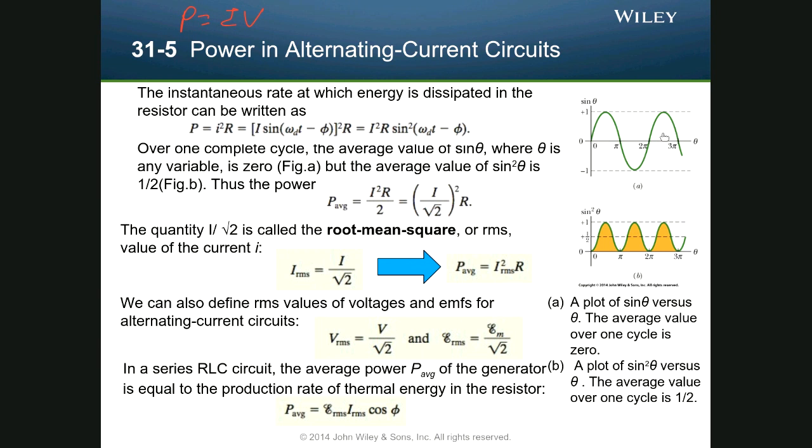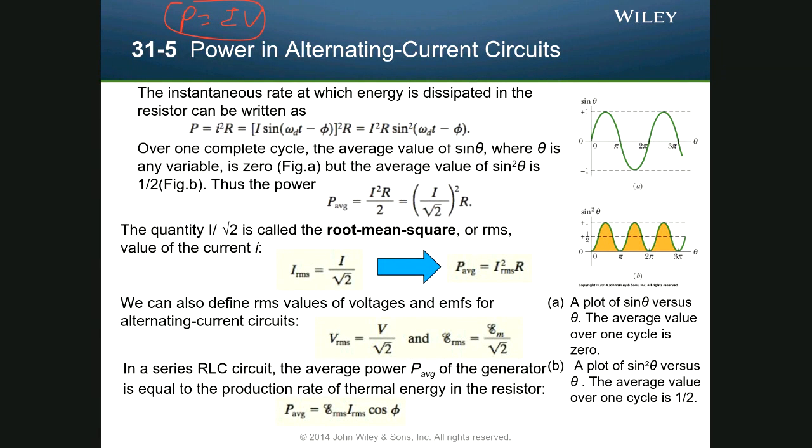So over one complete cycle, while we have that average is 0, the average value of sine squared is 1/2. If you look here, this is a sine squared function. Instead of looking at that, we get a 1/2. So it's more instructive, instead of using this form of power, to use the ones with the squareds.